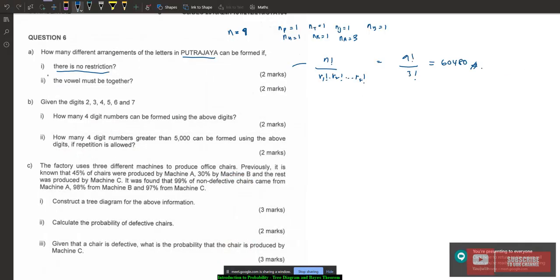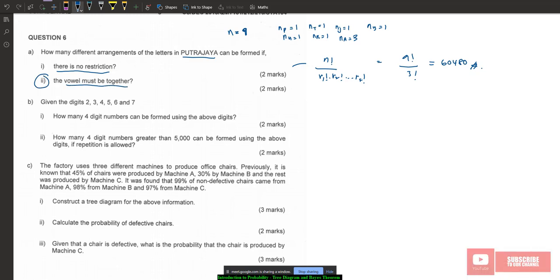Now, the second question is if the vowels must be together. How many vowels are there? The consonants are P, T, R, J, Y, so basically 1, 2, 3, 4, 5.